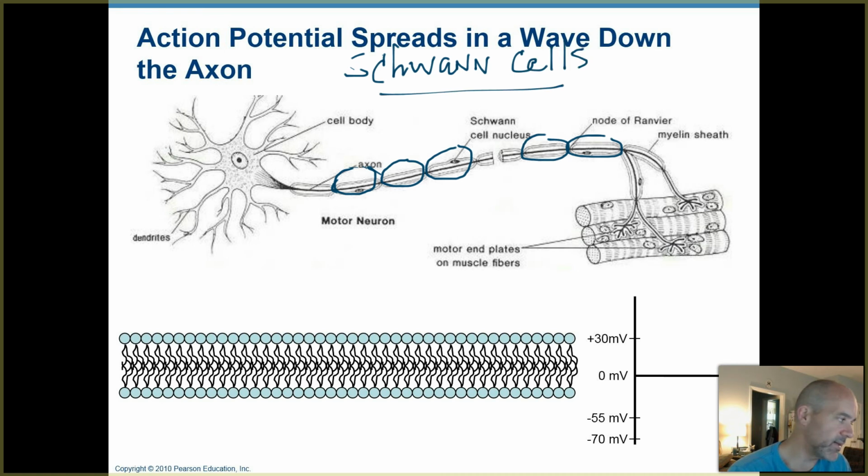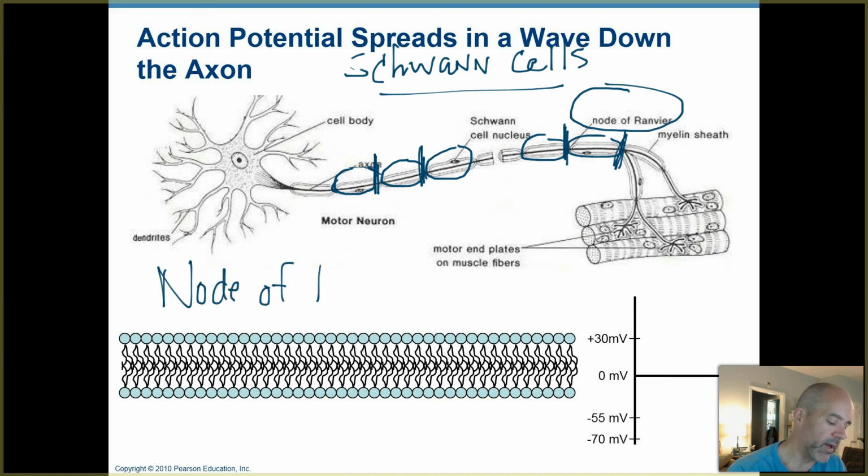What Schwann cells do is produce excess cell membrane, in a sense, and that excess membrane is wrapped up almost like a blanket around the axon itself. It creates a sheathing that covers the axon. But notice that you have little gaps. If you look at diagrams of axons of motor neurons, you've got little gaps there. Each of those gaps is called a node of Ranvier.